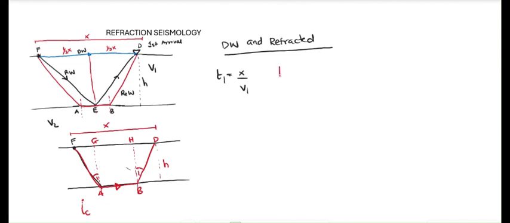Now, if I want to know the time taken, let me call it T3, for the refracted wave to get to the geophone, T3 is simply the distance FE, the distance the wave has to travel from F to E, divided by the velocity there, that is V1, since it is traveling within medium 1, plus the distance it travels from A to B divided by the velocity there, that is V2, plus the distance it travels from B to D divided by the velocity there, that is V1.